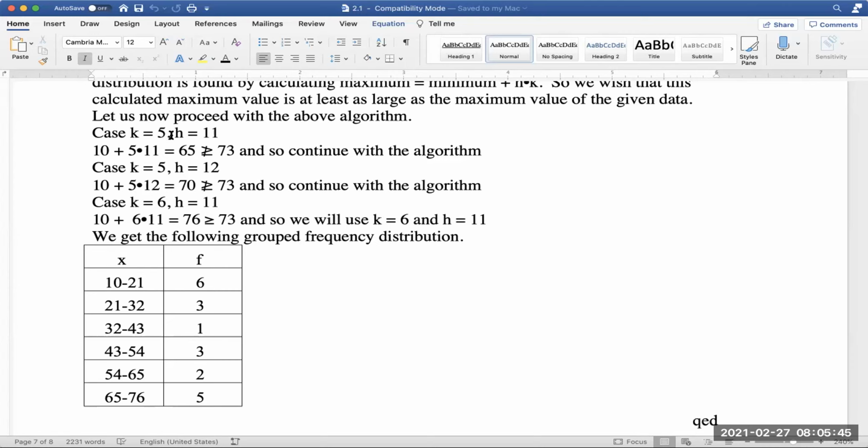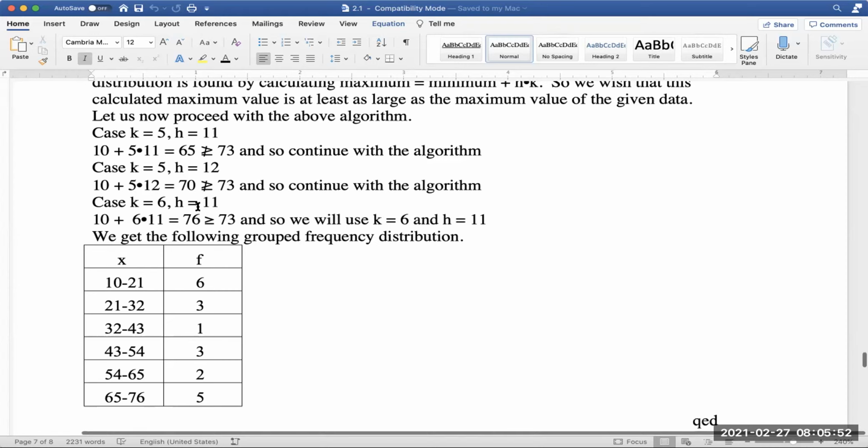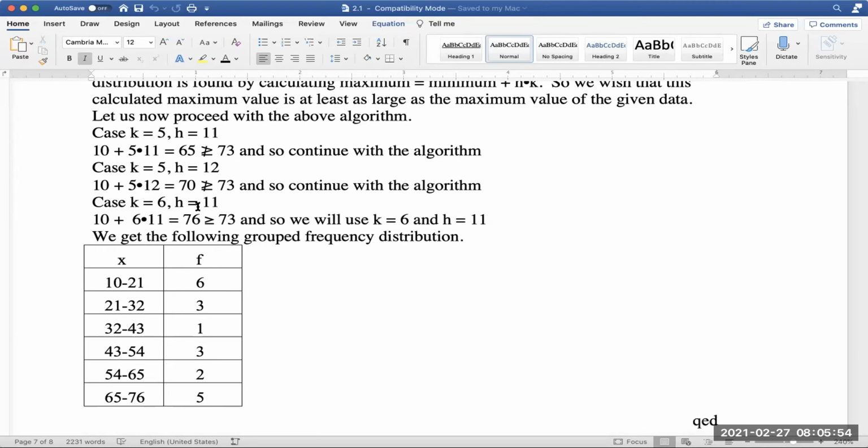Now we take K, add 1 to it to get 6. Keep our original truncated value of H. And so we get K, 6 times H, 11, 66, plus 10 gave us 76, which indeed was greater than or equal to 73. So this works.